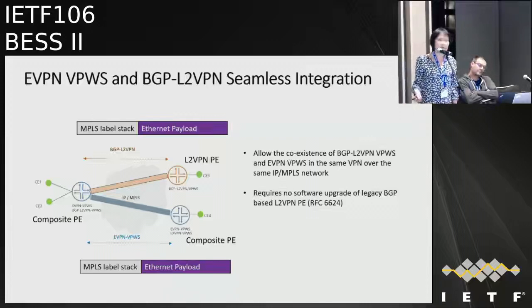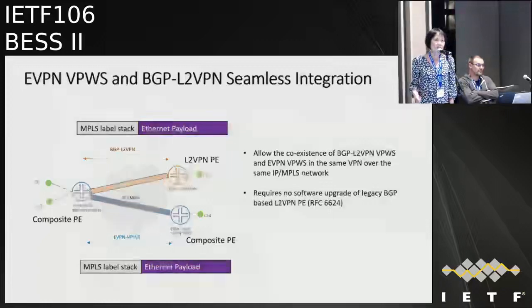Here you see the legacy PE with layer 2 VPN, and the blue one I call a composite PE. Basically, they support both the control plane signaling for BGP-based layer 2 VPN and also EVPN VPWS. So the key to seamless integration is three things. If we have legacy VPWS running, when we're doing the seamless integration, there's no update.